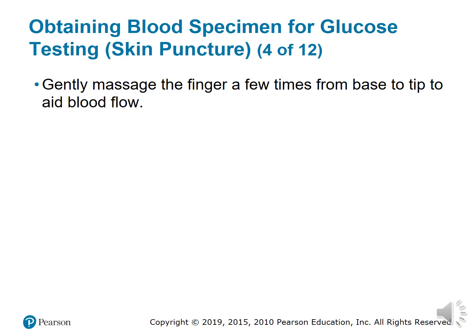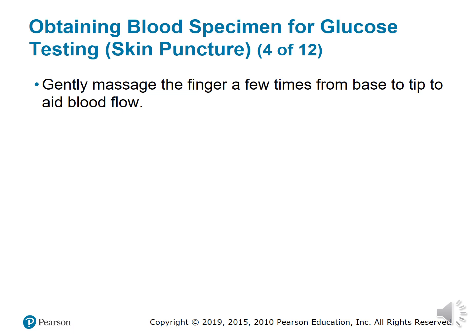Or if you're not sure if they have a clean towel, you can take the patient's blanket, because you're going to have to disinfect the stick site anyway. Rub their hands in between the blankets to warm them up.